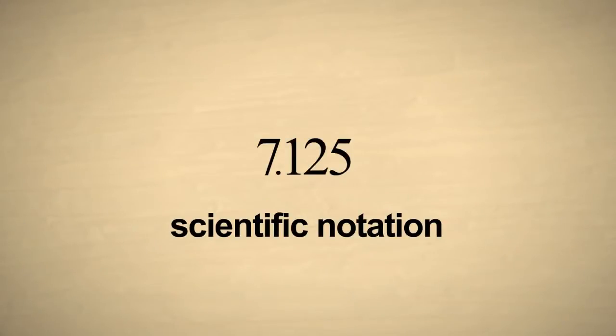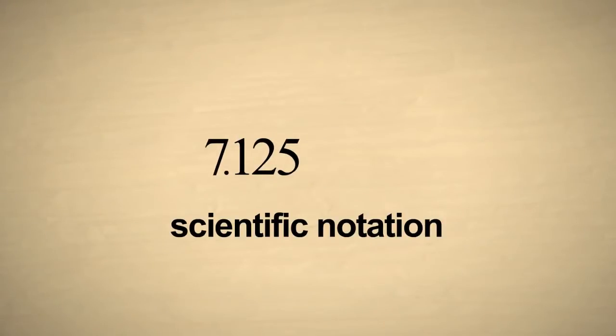The second part is a multiplier for the first part. This multiplier is always written as 10 with an integer exponent.